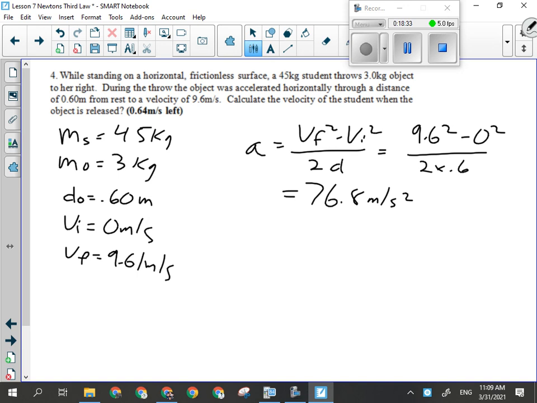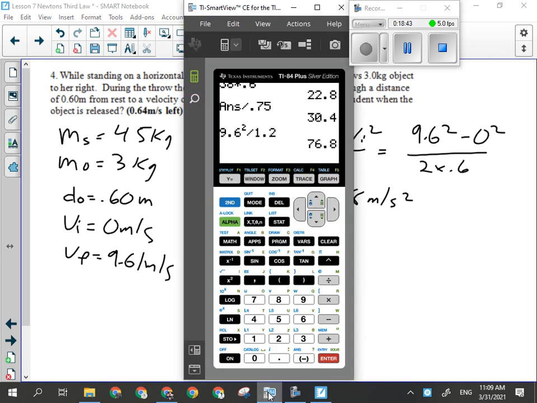Now that I have that, I can calculate the force on the object. Mass times acceleration, so 3 times that number. So 230 newtons is the force that the student exerted on the object. It is also the force the object exerts back on the student.